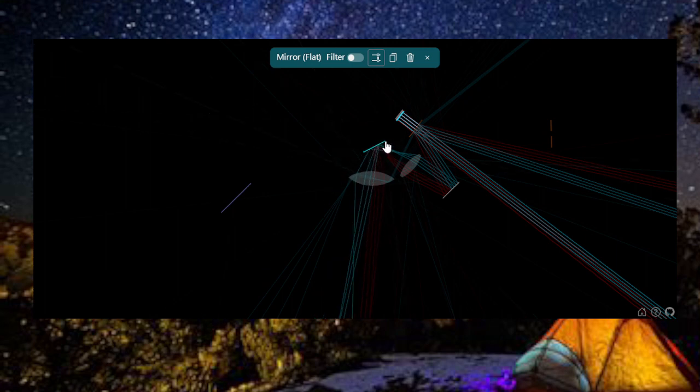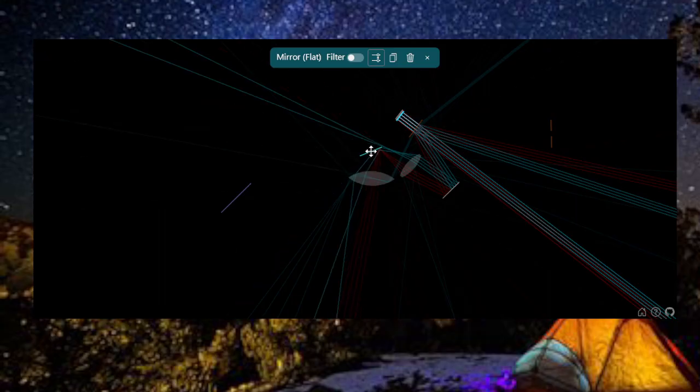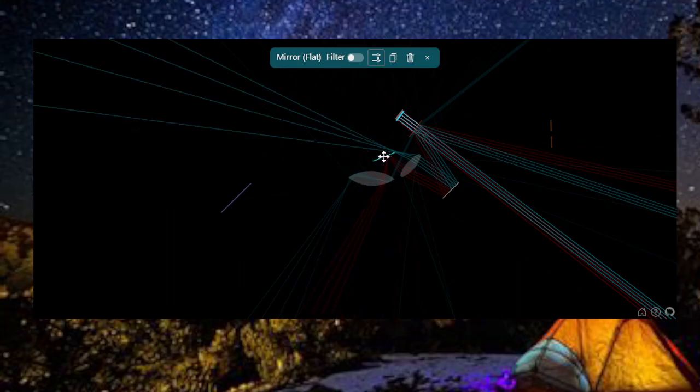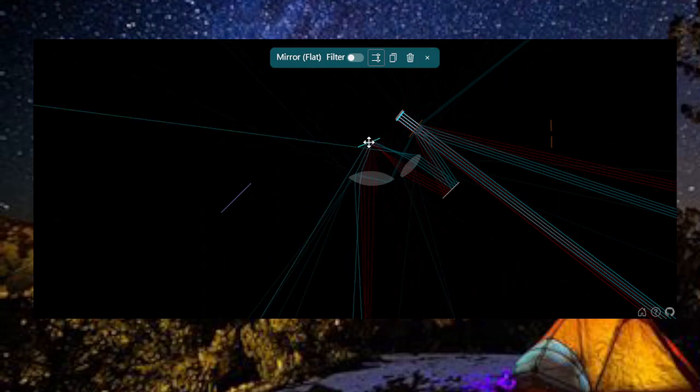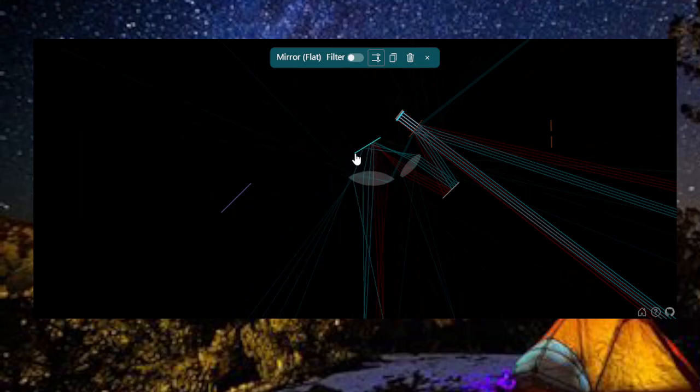Yeah, the reflectivity of... Yeah, that one beam is reflecting back off and it's causing an issue.